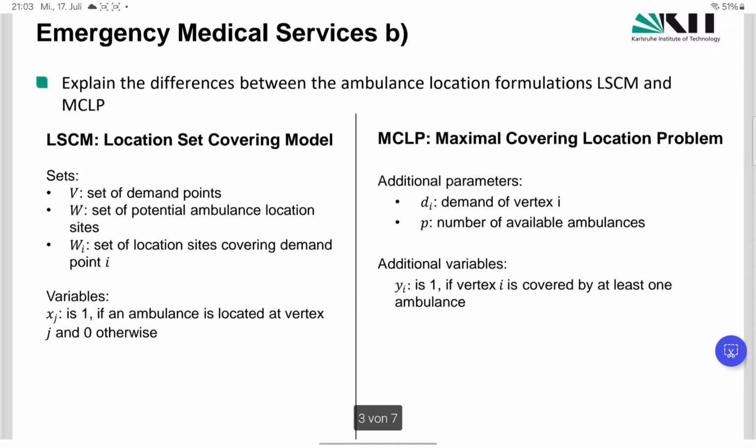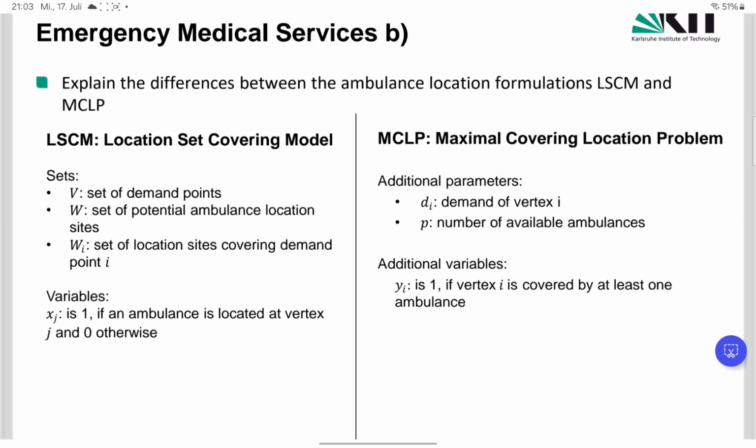Okay, so on the left hand side we have the location set covering model. So we have the set of demand nodes, and we have a set of potential nodes for locating the ambulances, the bases basically. And then we have W_i. This is the set of location sites that are nearby, so that they can cover demand node i.